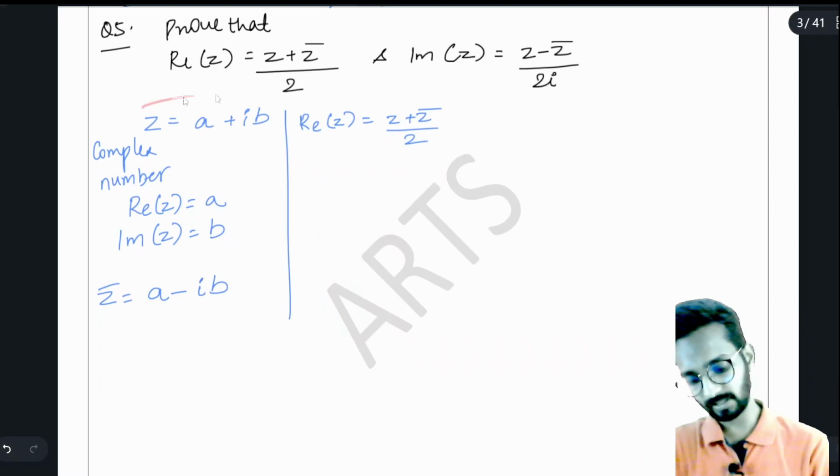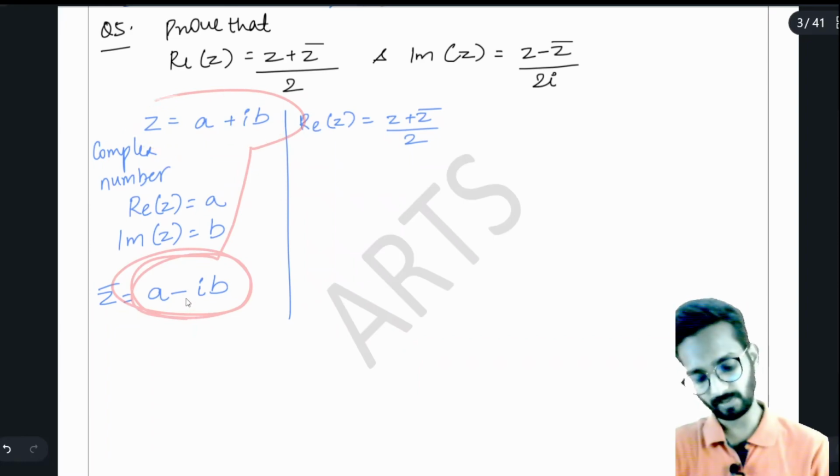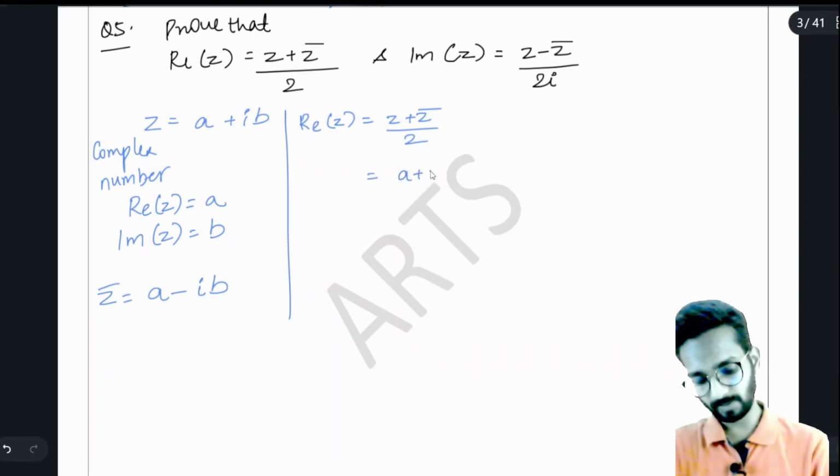We know that it is a plus ib here, so the conjugate will change the middle sign of ib, it will become minus ib. Now real number will become z plus z bar by 2, so z is a plus ib plus what is z bar? a minus ib by 2, you will get a plus a will be 2a, plus ib minus ib cancels.